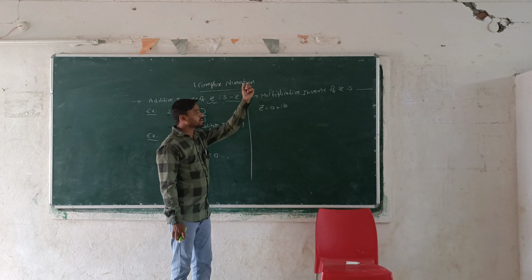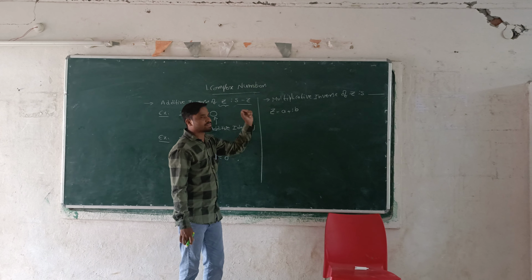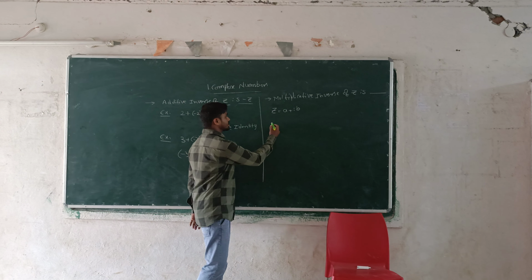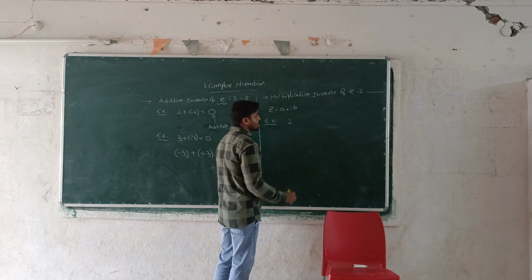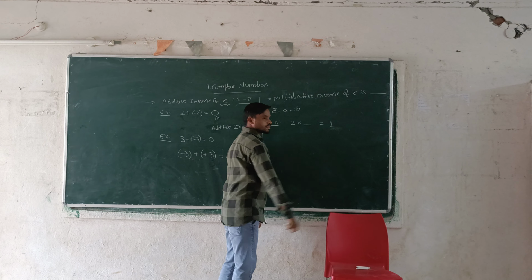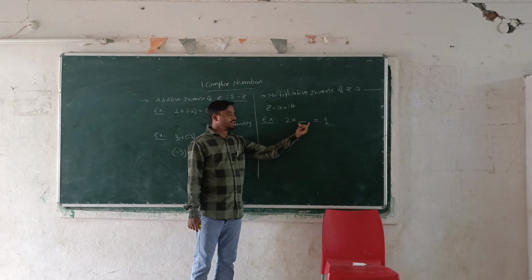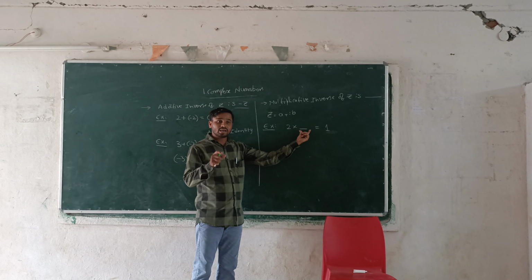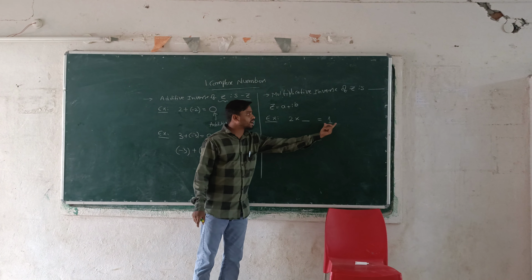We need to find the multiplicative inverse of this complex number. For example, 2 times something is equal to 1. By what number do we need to multiply 2 to get 1?